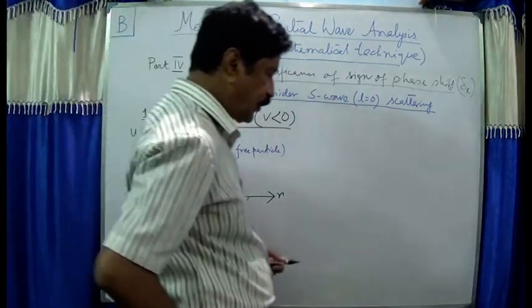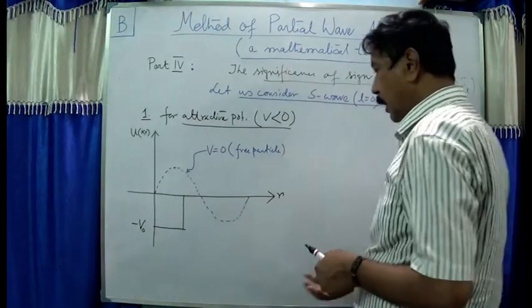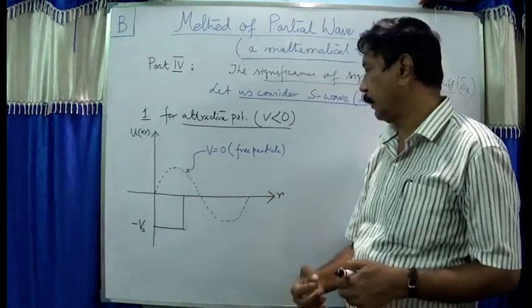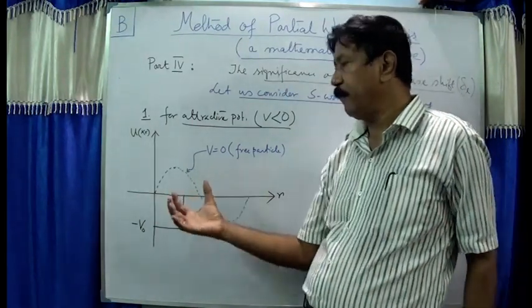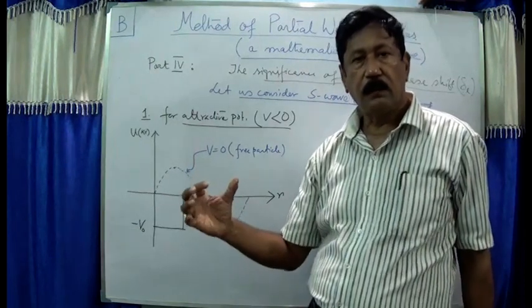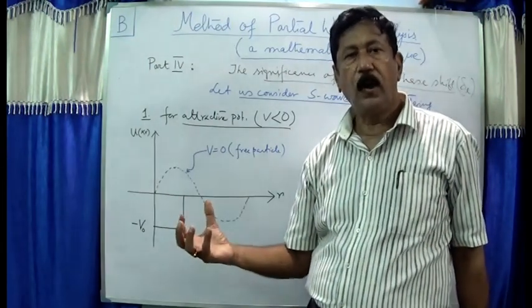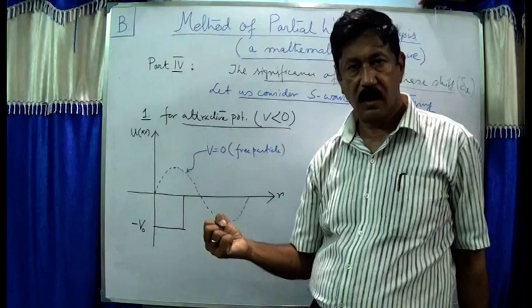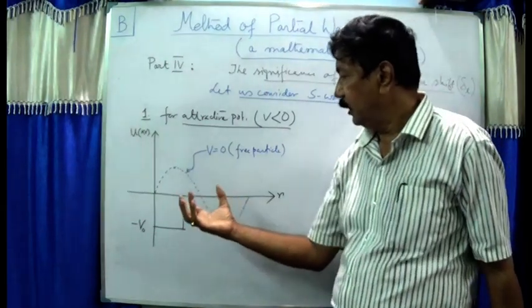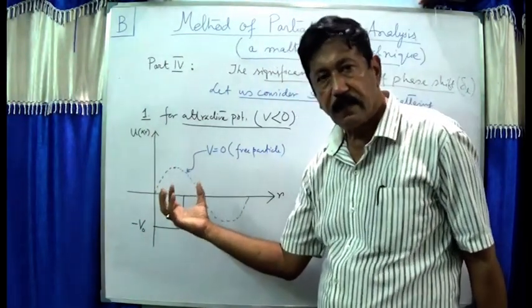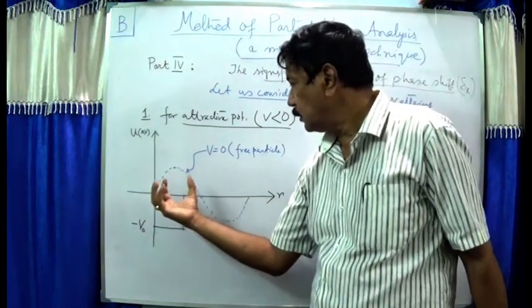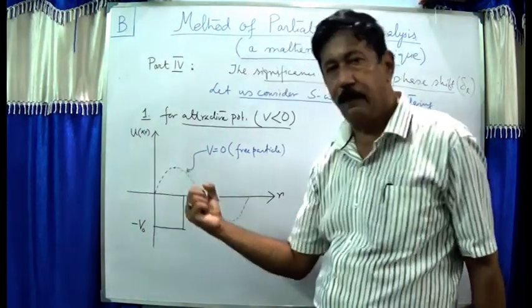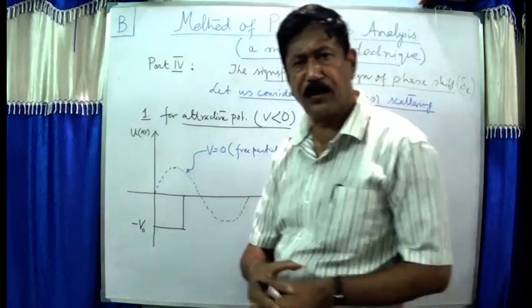Now, due to the presence of the potential, and if the potential is attractive, we can expect that the incident plane wave will be distorted and the wave front will be attracted towards the potential.